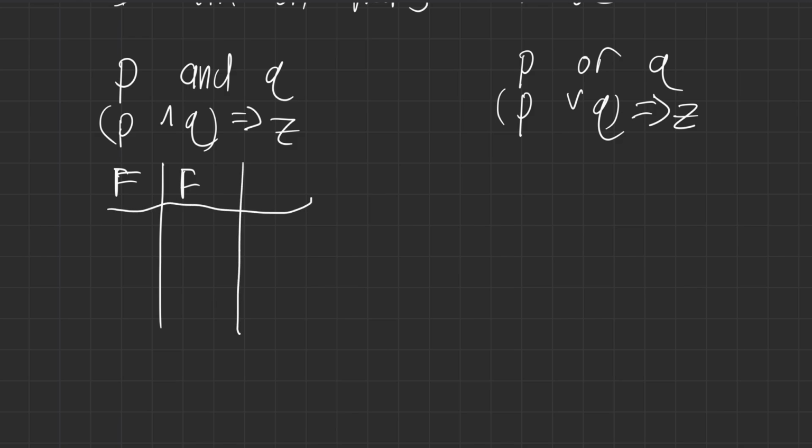If P and Q are false, then Z has to be false. If P is false and Q is true, Z is still false. If P is true and Q is false, Z is still false.